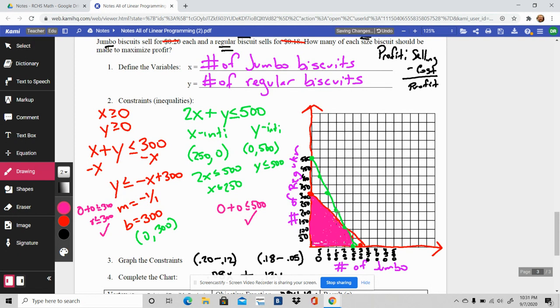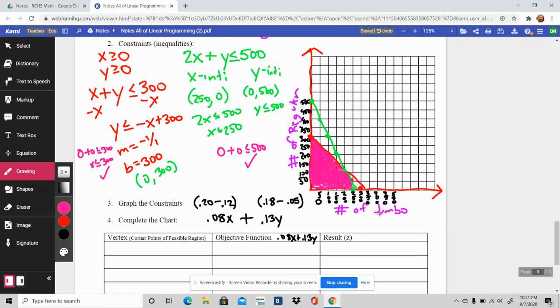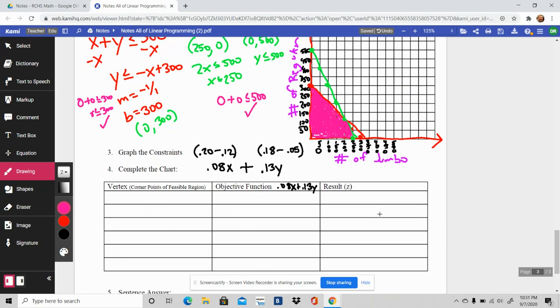A mathematician long ago figured out that the best solution always lies on one of the corner points. This feasible region is bounded by this portion of the y-axis. It's bounded by this portion of the x-axis all the way up to this green point.